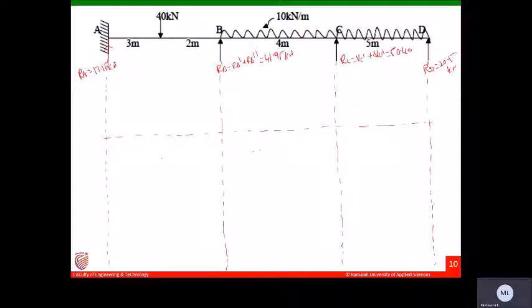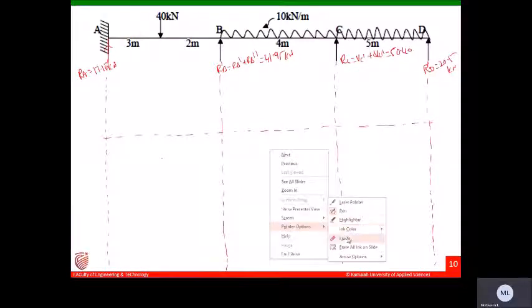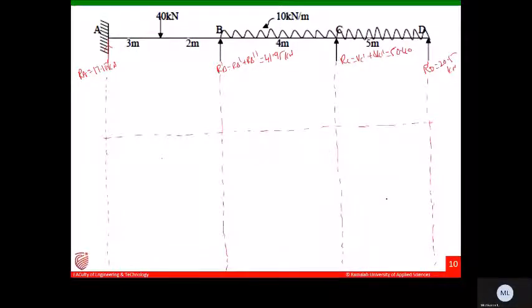Let us consider this is the datum line. A datum line means the zero line. From that datum line, whatever you draw, upward is taken as positive, downward is taken as negative. Okay. Now start with the 0 here from point A.